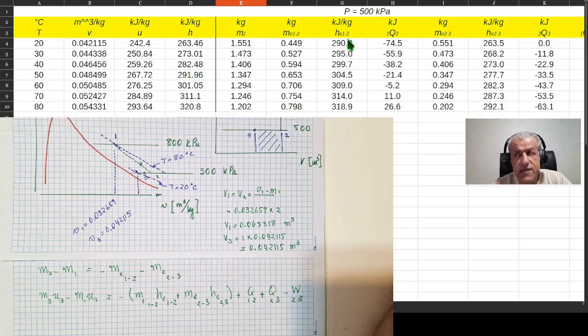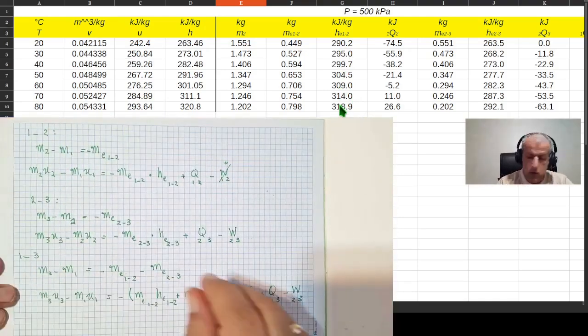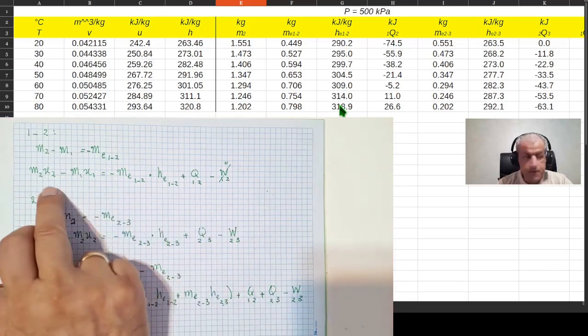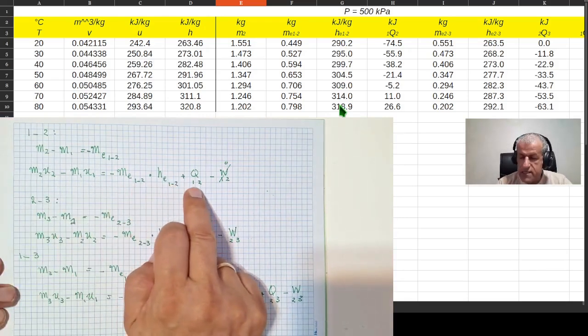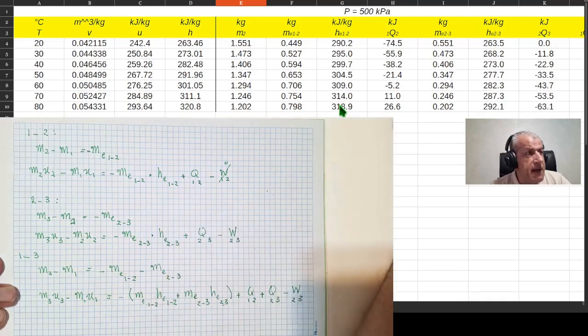he12 is the average between h1 and the values in this column. So he12 is possible to calculate, and therefore once we have all these values, we could insert them into this equation and calculate Q12. Now, if we know how much mass has left between 1 and 2, the rest of it should leave between 2 and 3.